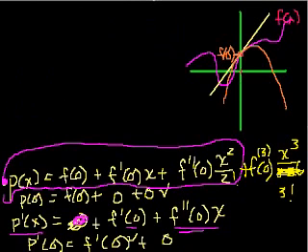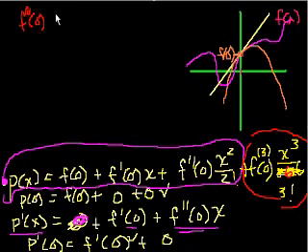So going back to what we were doing, I was asking you, why do I put a 6 down here instead of a 3, like we put a 2 here? Well, let's just take this term alone and take its third derivative. So if I have this term, f, the third derivative at 0, x to the third over, let me just write 6 as 3 times 2, or 2 times 3.